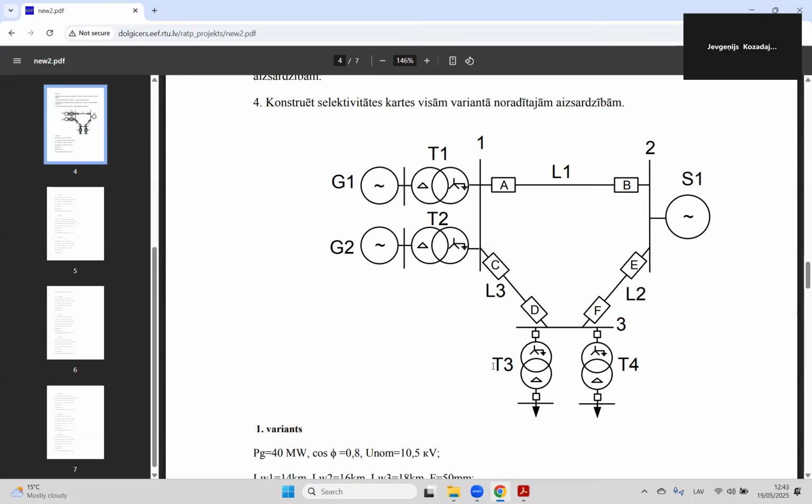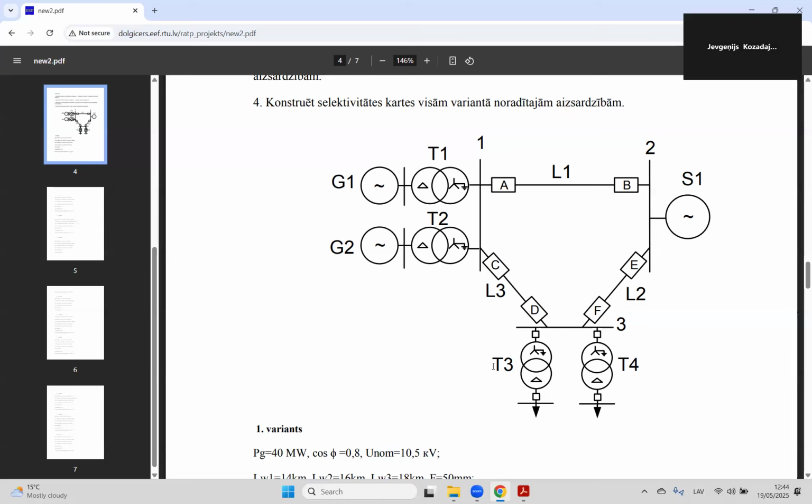And if it is a distance protection that calculates the impedance, of course, the main idea is Ohm's law. We need to calculate the impedance from the place where the protection is located to the fault location. And this impedance will tell our protection device whether it is a fault or not.